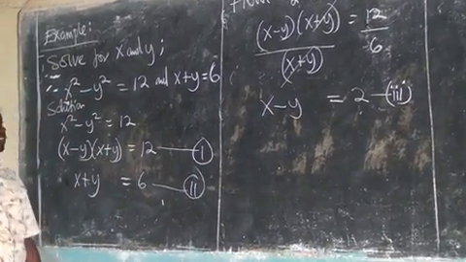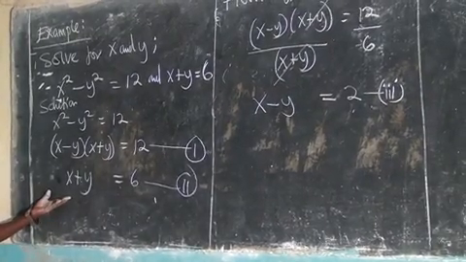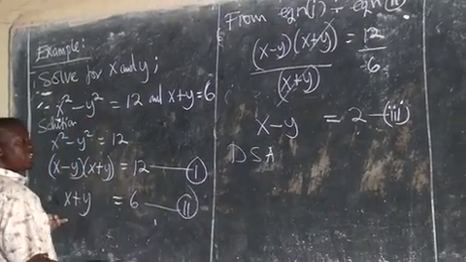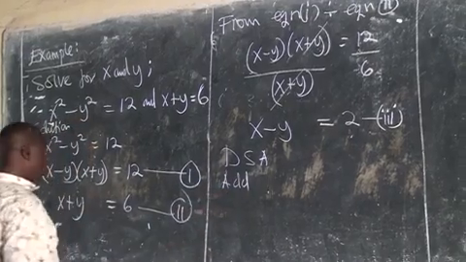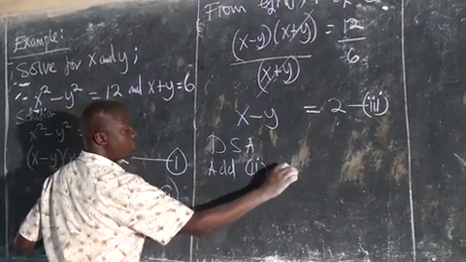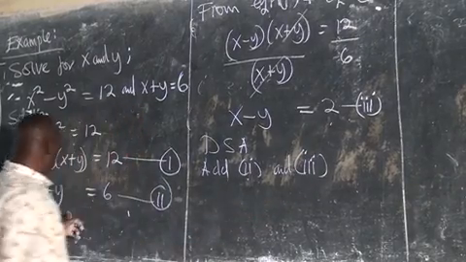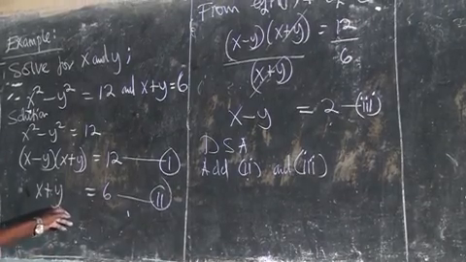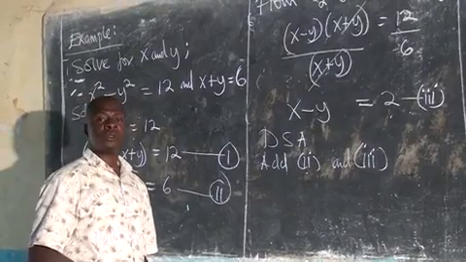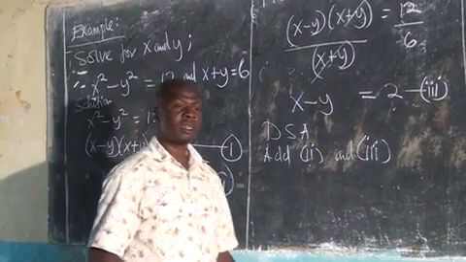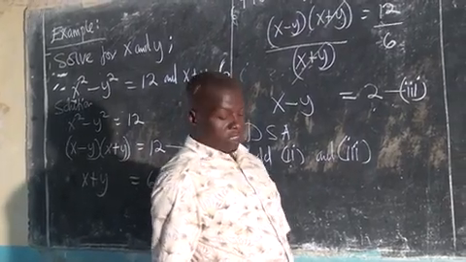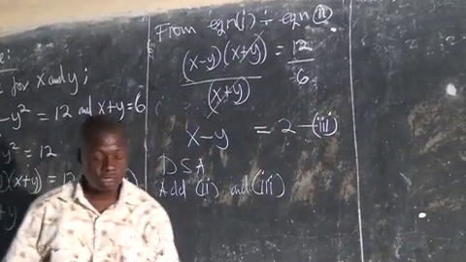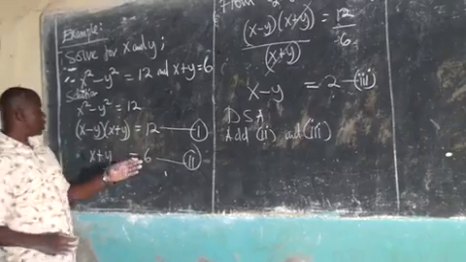When you look at equation 3 and equation 2, we have different signs. So I'll say add 2 and 3. Because of different signs, let us add to eliminate y. However, you may also use graphical method, substitution, or matrix. If you have covered the matrix, you can also try it out, then compare your answers.